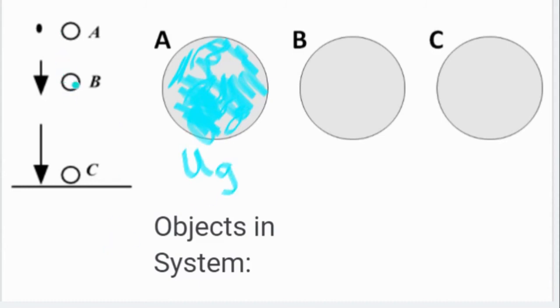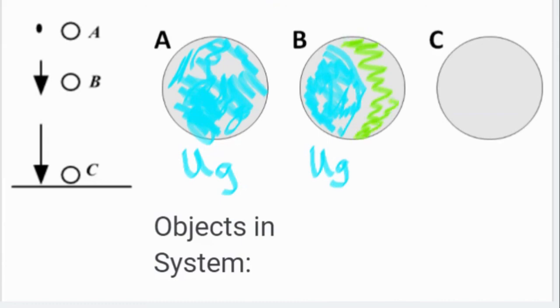But by position B, it has lost some of its height, so it will not have 100% gravitational energy at point B. Instead, some of this energy will be converted into kinetic energy as the ball is falling and moving faster. Thus, the total energy in our system is the gravitational energy plus the kinetic energy.